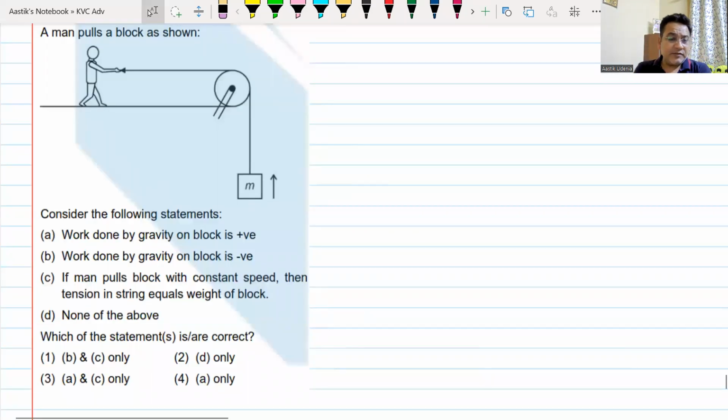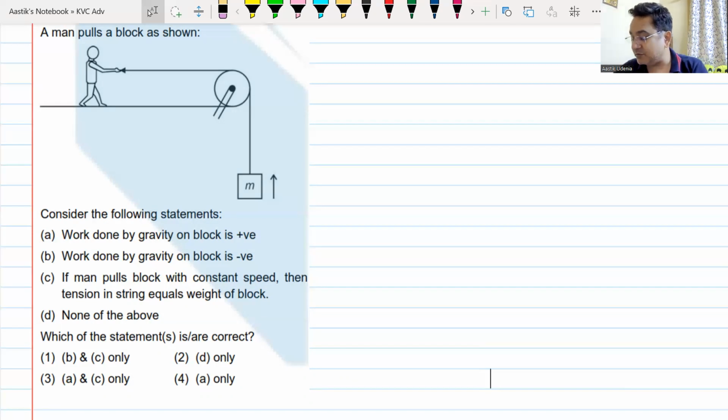A man pulls down a block as shown. Then which is the correct answer? A, B, C, D. B is correct. If the man pulls the block with a constant speed, then the tension. Option 1, sir.